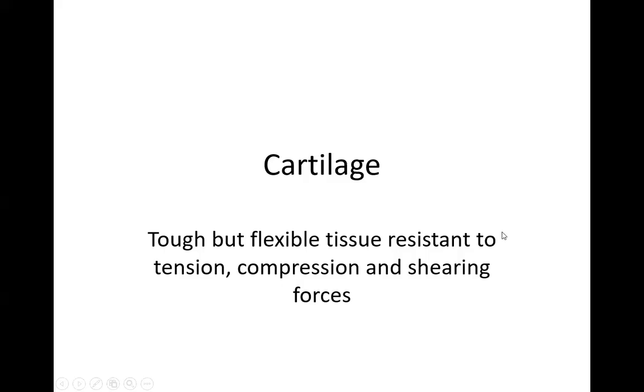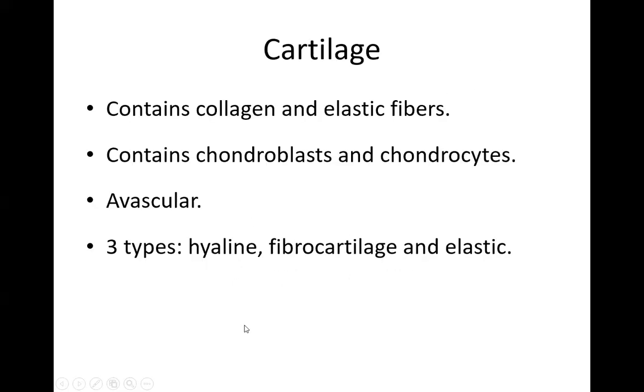Elastic and tensile proteins. Cartilage contains collagen and elastic fibers, and it contains chondroblasts and chondrocytes. They are avascular, and there are three types: hyaline, fibrocartilage, and elastic.